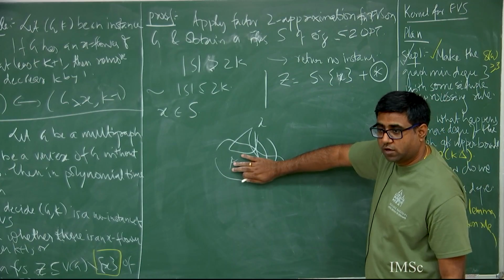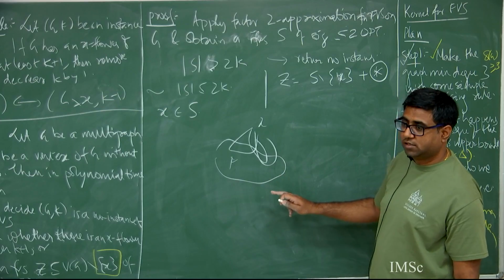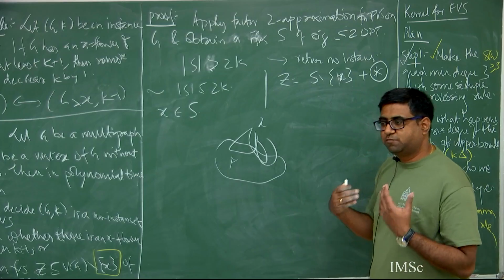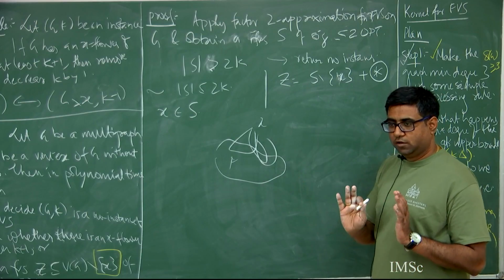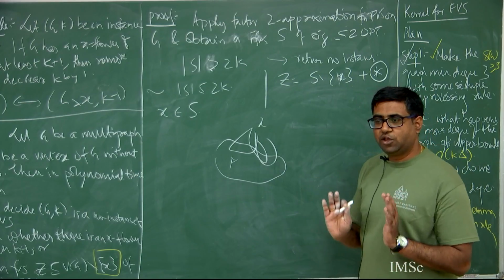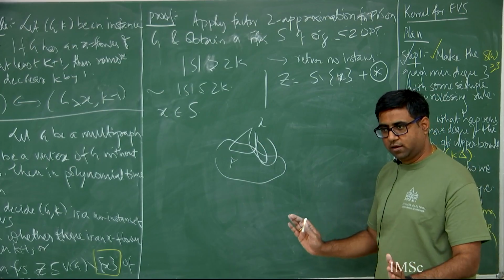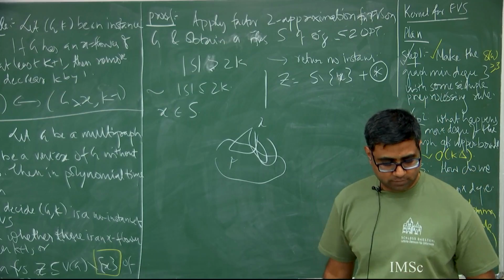So this is a forest where all the cycles, if I put back x, if at all they form, must be passing through x. So all it boils down to is taking care of all the cycles that pass through x. Is the goal clear? Okay, so let's do that.